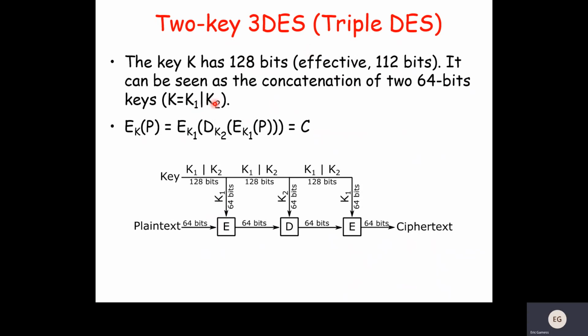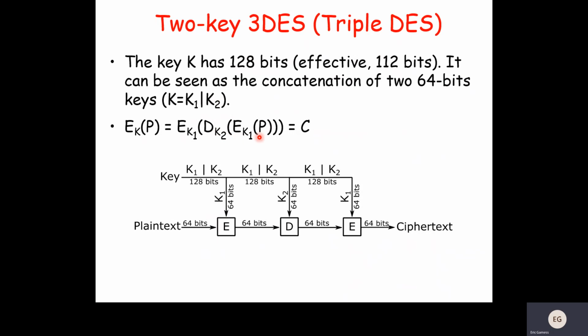We have 2 keys, K1 and K2. So we will take the plain text and we will encrypt it with DES using this key, which is 64 bits. We will take the result and we will decrypt it with DES using this key.